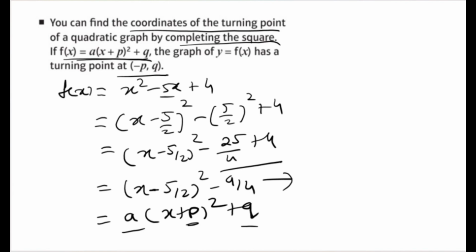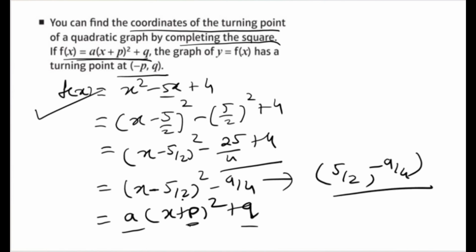For this graph, minus 5 by 2 is there and we need minus p, so we have 5 over 2, and q as it is with the sign, so minus 9 over 4. So these are the coordinates of the turning point for this function. So always use completing the square to find the turning point.